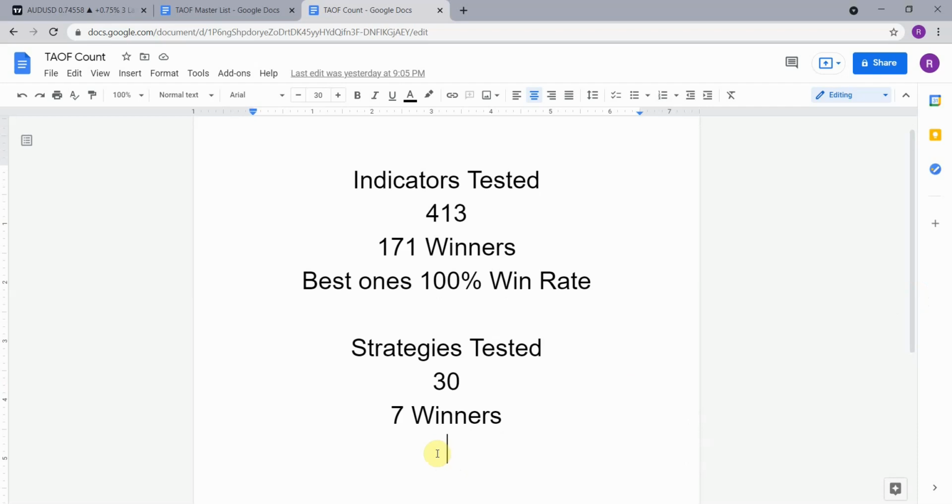The best ones so far were able to achieve a 100% win rate. Now you need to go back and watch those videos to understand the context of how they were able to achieve that. But as we are working on building the best trading system possible, you could take any one of those 171 indicators and get out there and start potentially profitably trading the markets with them now.